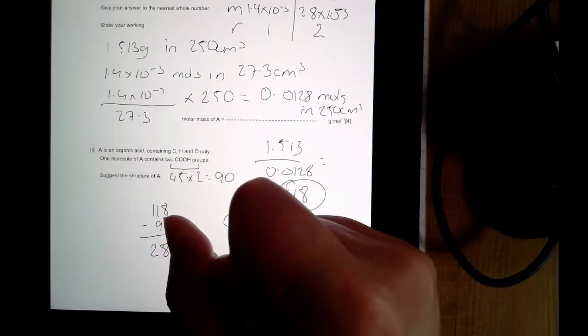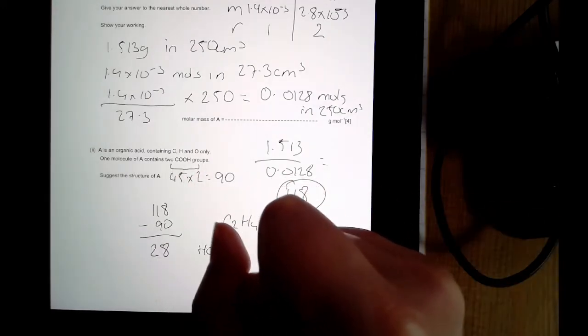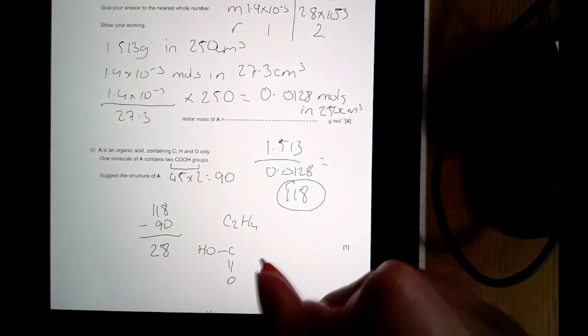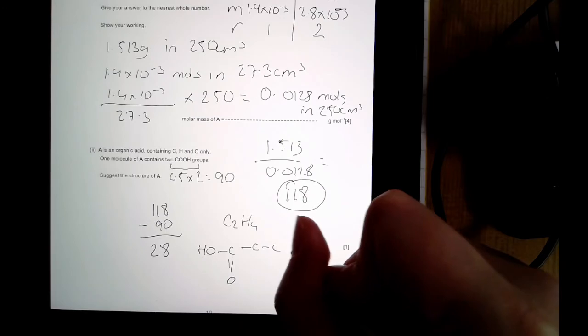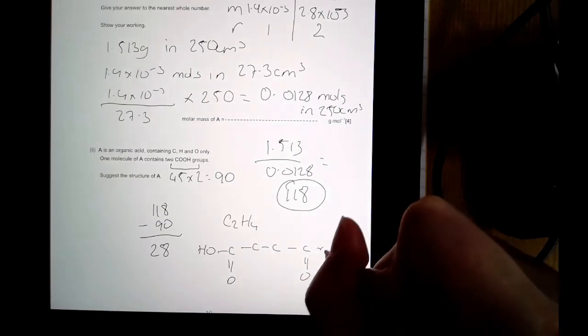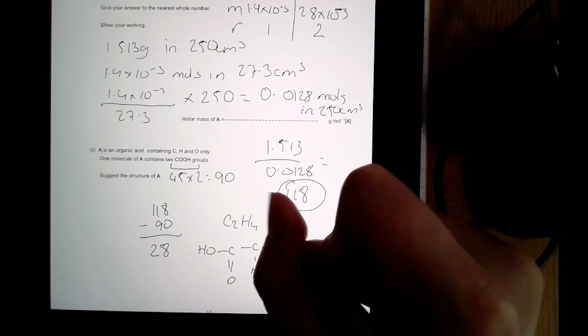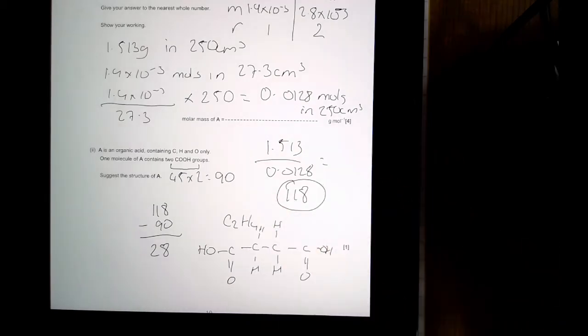So my carboxylic acid groups always have to go at the end of a chain. And what that says to me is that in between the 2 carboxylic acid groups, I have got 2 carbons, and they each have 2 hydrogens. So that will be my structure.